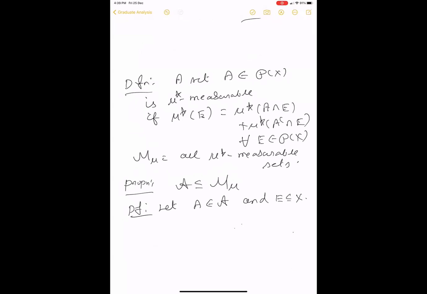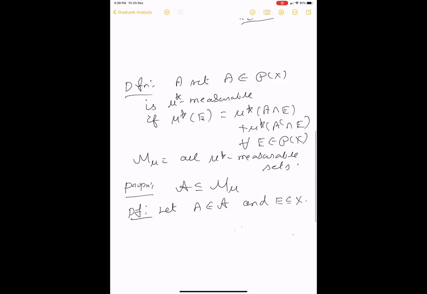To prove that the algebra is contained in it, we take a set A in script A. There is an observation we made in the previous class.